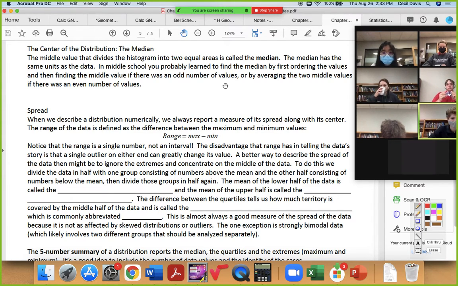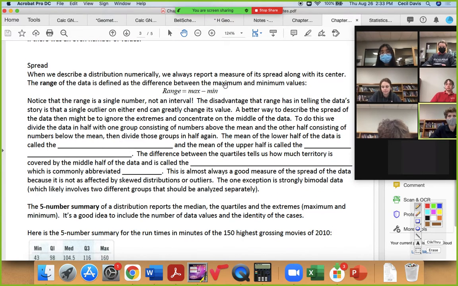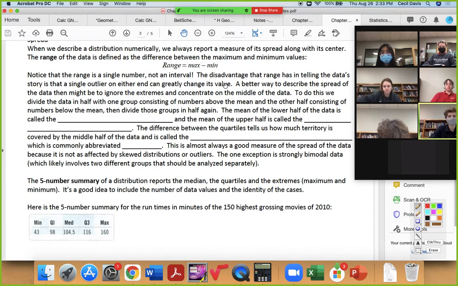So if it ranged from 10 to 500, the range would be 490. Now, one of the problems that we have with the range is that if you have an outlier on either side, it can make it seem like the data is way more spread out than it actually is. So what we would do is talk about the middle half of the data.